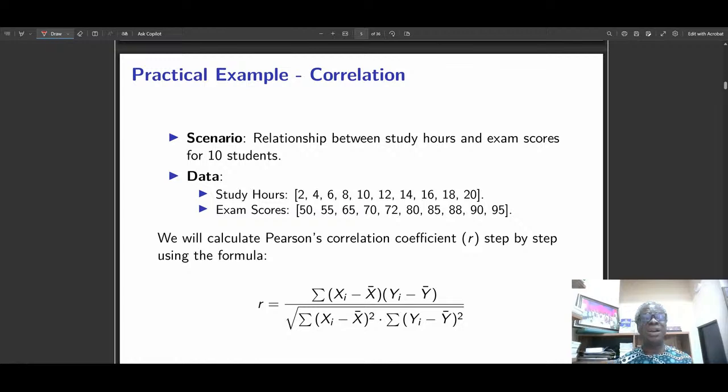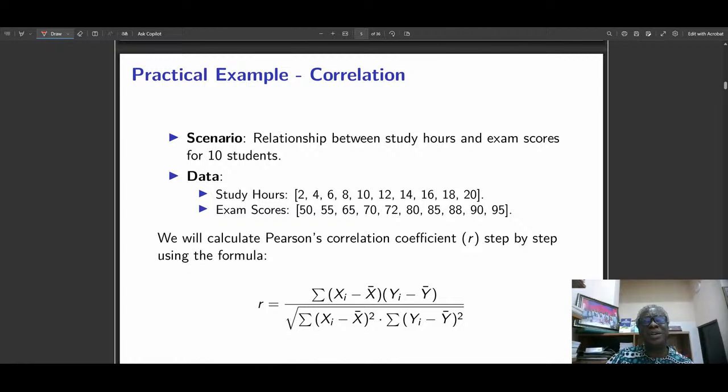So we have a scenario here in which we want to study, or examine, what type of relationship exists between hours of study and performance, measured in terms of exam scores. What kind of relationship?